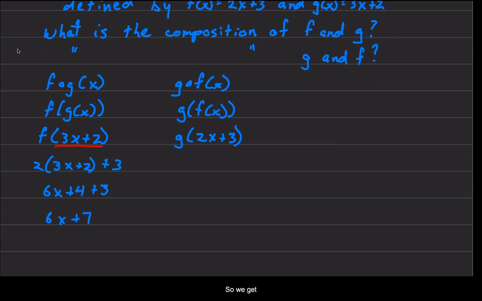So we get 3 times the quantity 2x plus 3, plus 2. Then we'll multiply through, and we get 6x plus 9 plus 2, which simplifies to 6x plus 11.